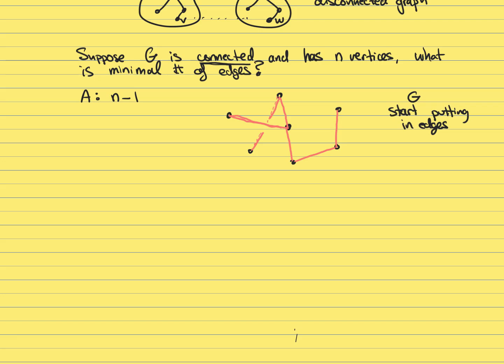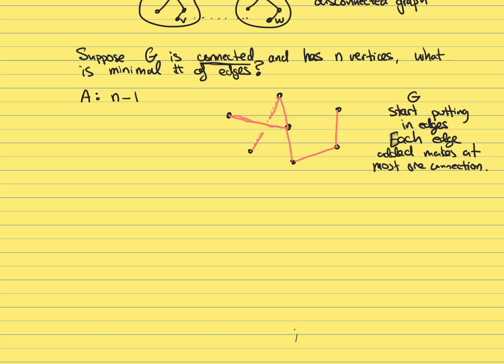So let me write this out. Start putting in edges. Each edge added makes at most one connection. So we started with n different components.